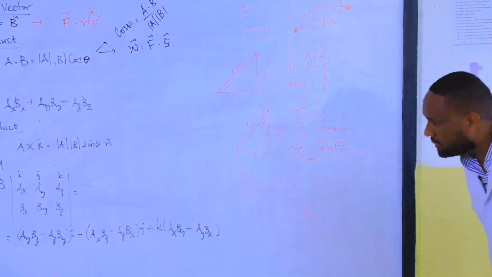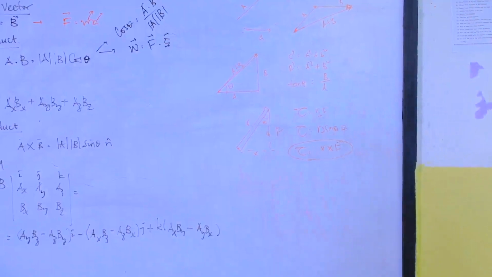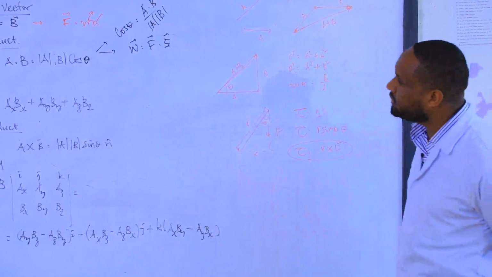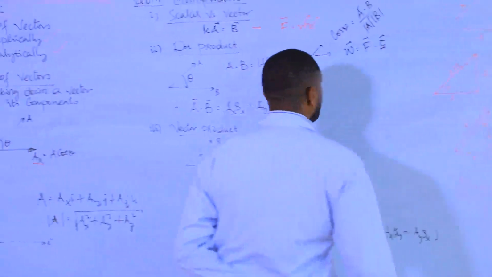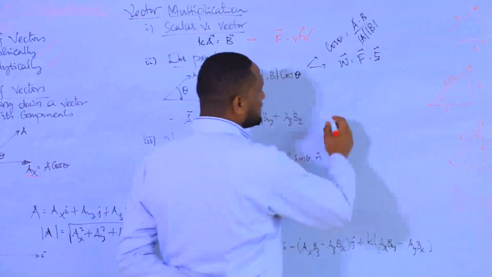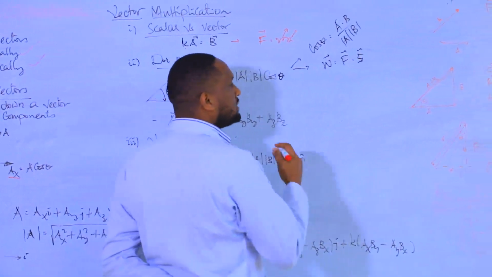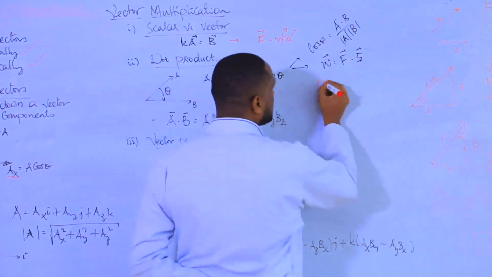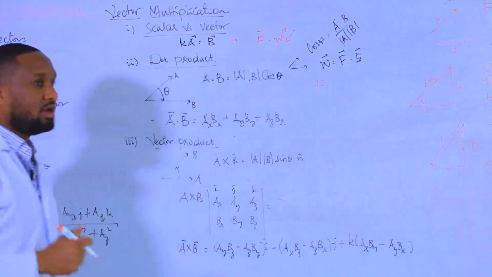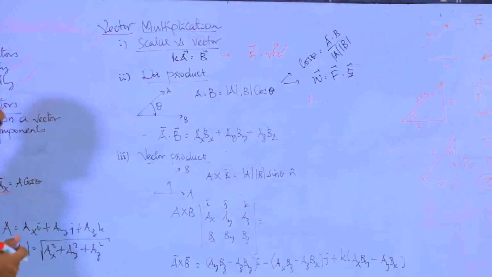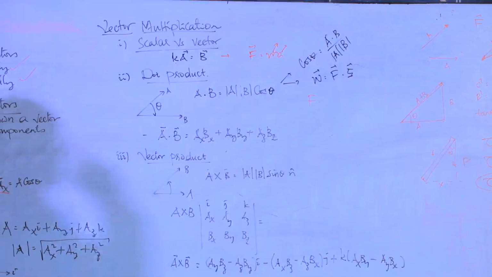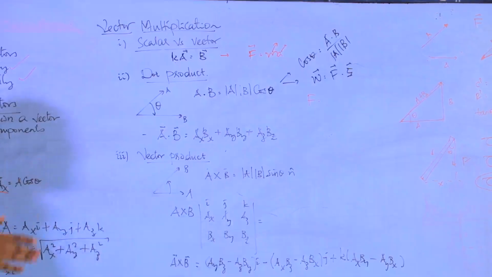Okay, so another application, this can also be used to determine the magnetic force on a charged particle when it's moving in an external magnetic field. If you remember, whenever a charged particle is moving in an external magnetic field, it experiences a force, and the force is dependent on four factors. The first one is the magnitude of the charge. The second one is the speed at which the particle is moving. The third one is the magnetic field strength. And the fourth one is the angle that the velocity of the particle is making with the field, okay?